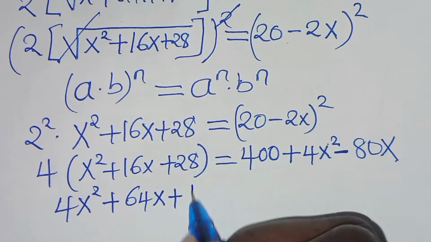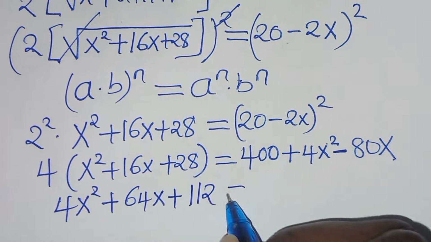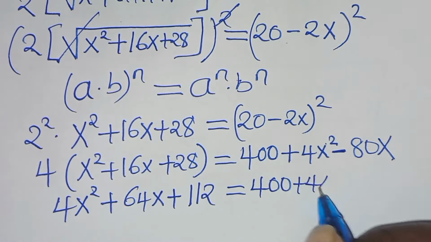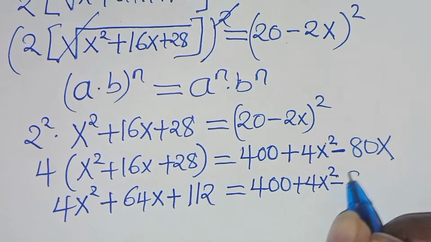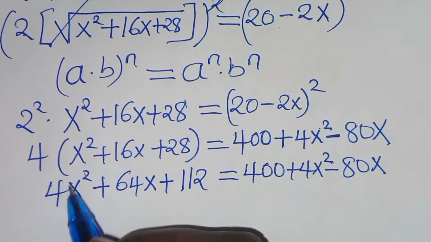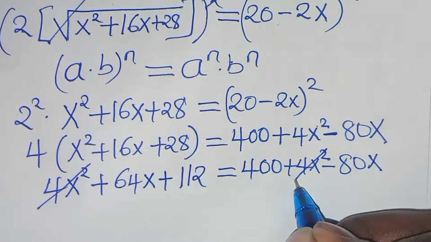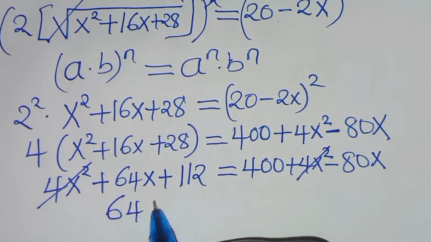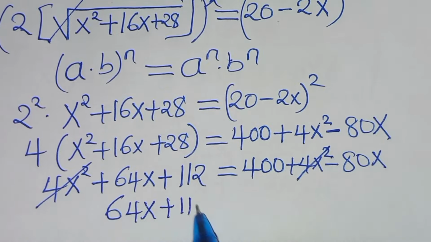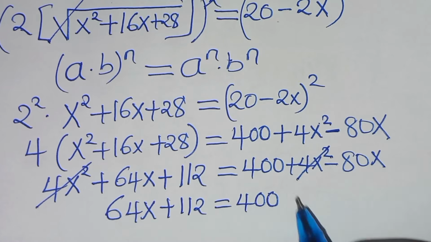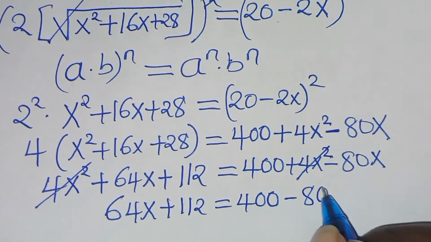This is the same thing as 112. This is equal to 400 plus 4x squared minus 80x. So 4x squared and 4x squared simplifies, so that now here we have 64x plus 112. This is equal to 400 minus 80x.